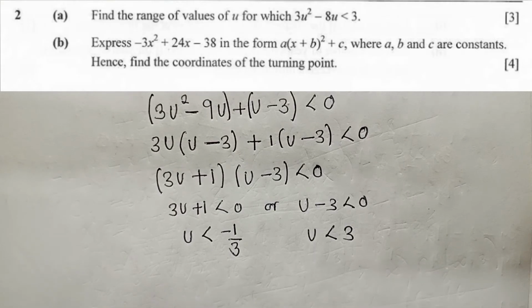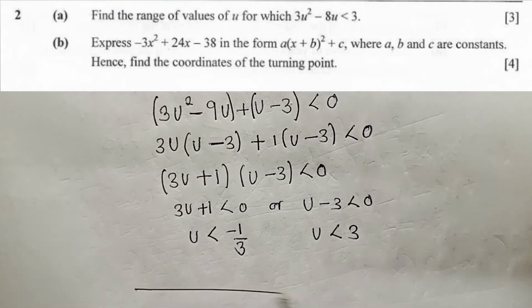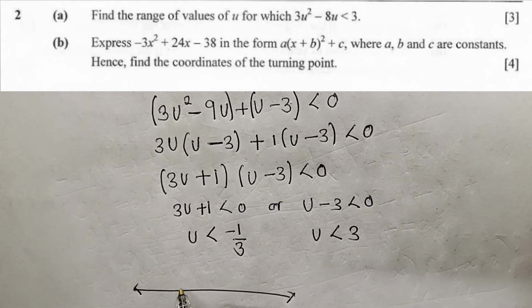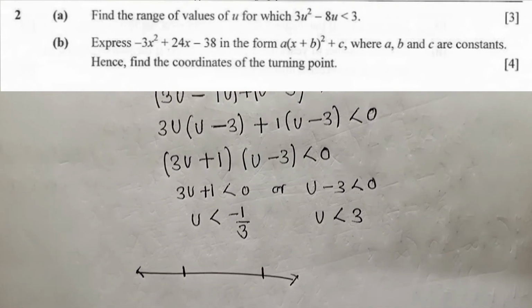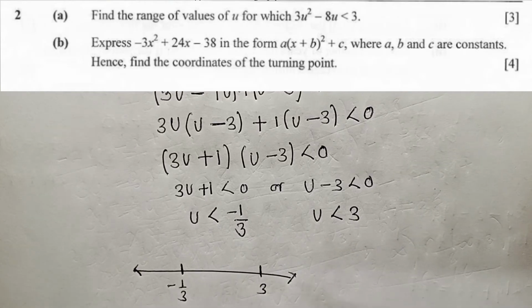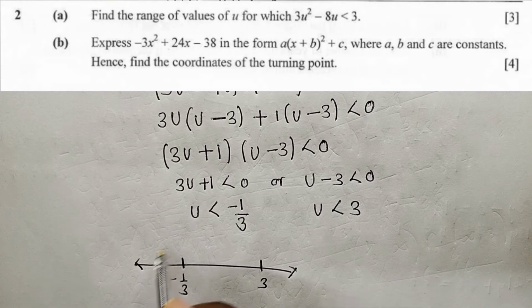The next thing will be to do the testing. So how do you do the testing? You just make your line like this, okay? Number line. So here we shall put the smallest value here, which is negative 1 over 3. Here a 3. And then here we can pick any number that is less than negative 1 over 3.